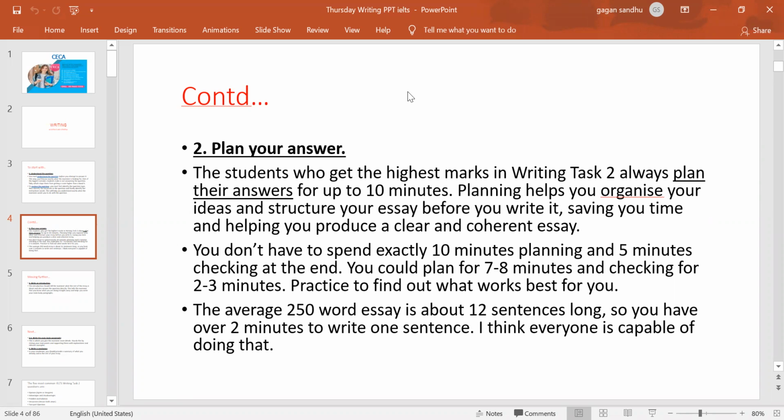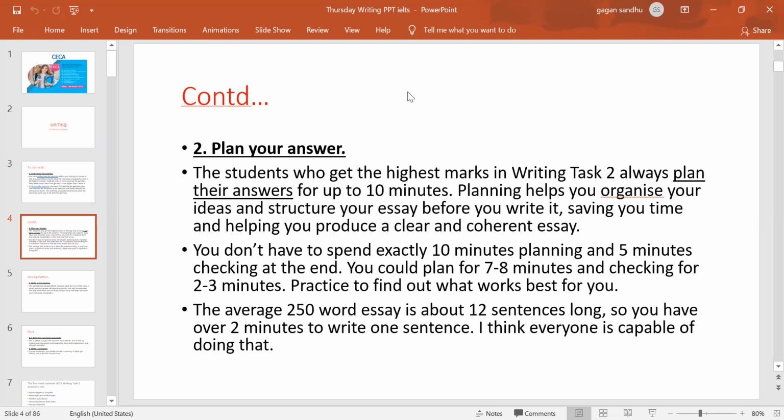And after that, you will save 4 to 5 minutes to proofread your essay. Because when we are typing or writing, we tend to make a lot of grammatical errors, like missing has, is, in, commas, punctuation, or sometimes we mistype or miswrite the spellings, right? These mistakes are very normal, because we are in a hurry, we are in a test atmosphere, and it makes us panic at times.